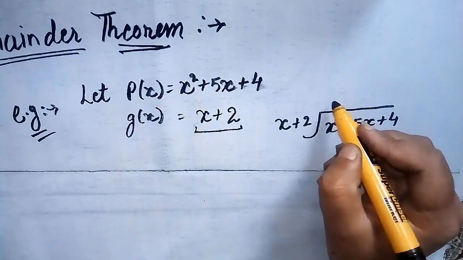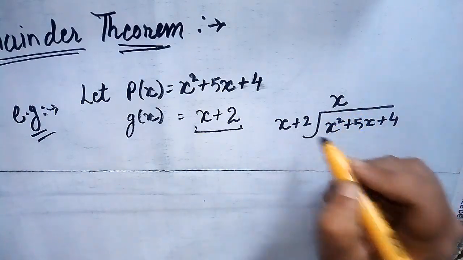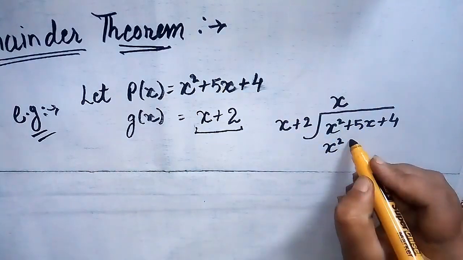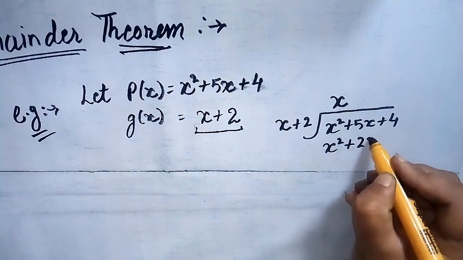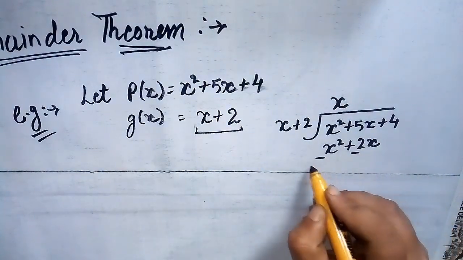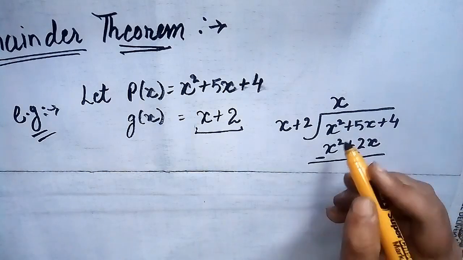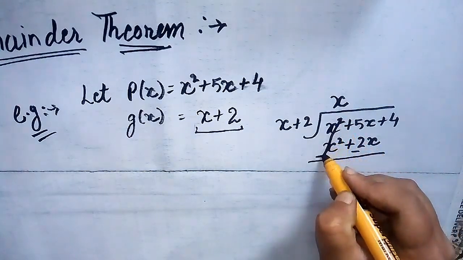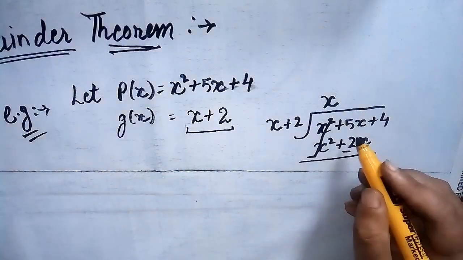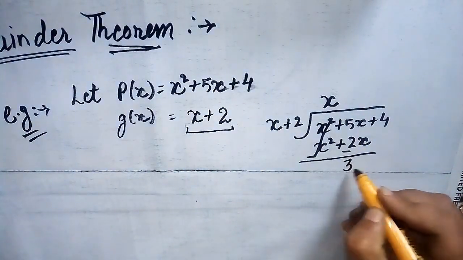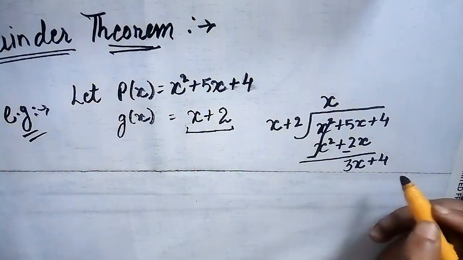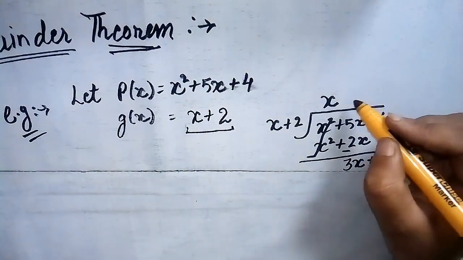First of all, as you know, you need x. So x into x, x square plus 2x. Subtract like terms, x square will be cancelled and 5x minus 2x will be equal to 3x. Pull down 4 also and the dividend will become 3x plus 4.